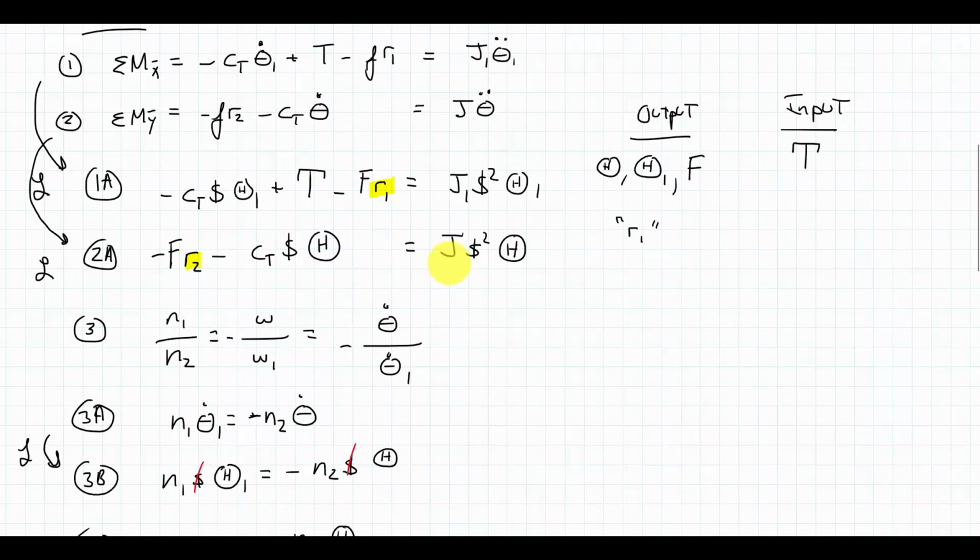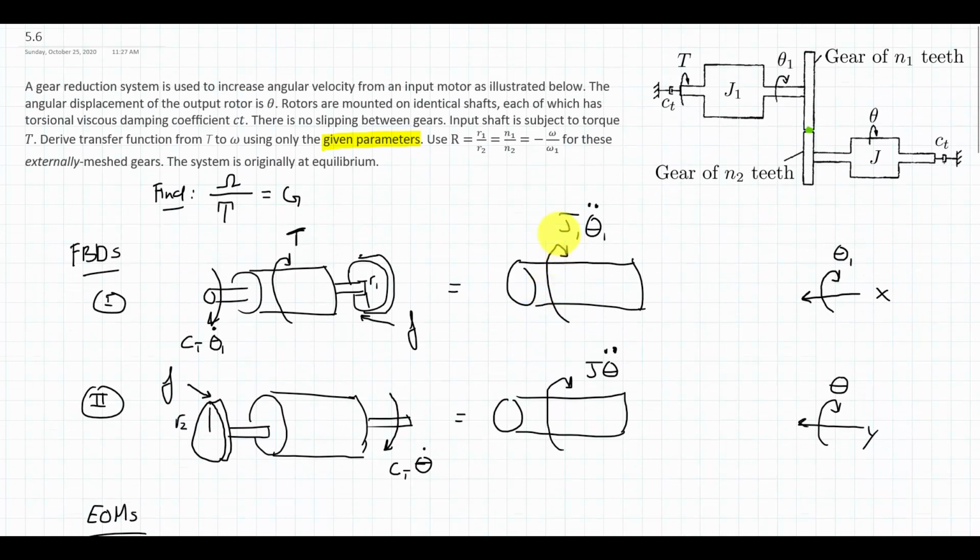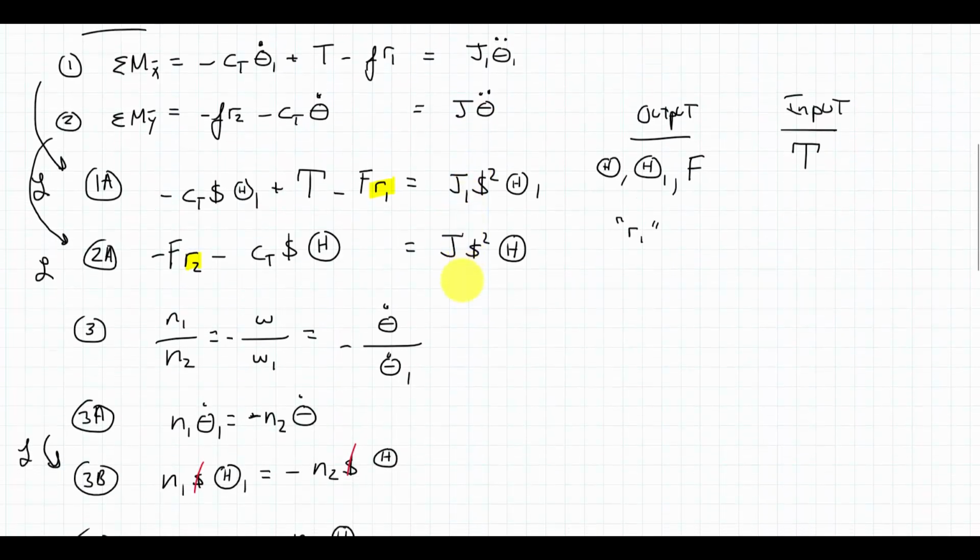So I came up with equation 3 using the external meshing relationship that the ratio of the number of teeth is the inverse of the angular velocities. It's also the inverse of the angular positions and the angular accelerations, it turns out, and that's what I used here. So n1 over n2 was negative omega over omega 1, negative because of the external meshing.